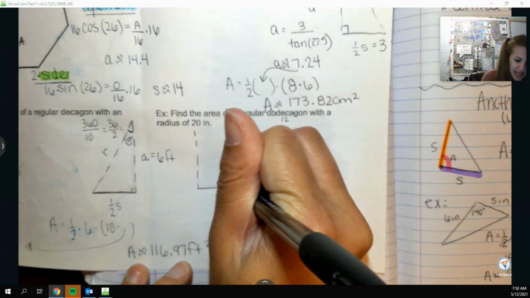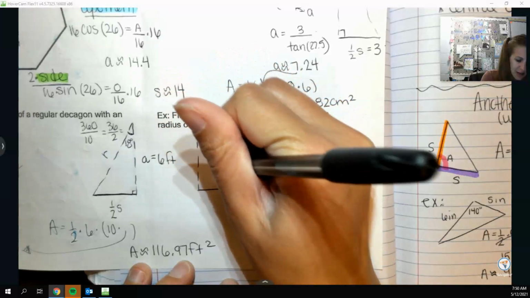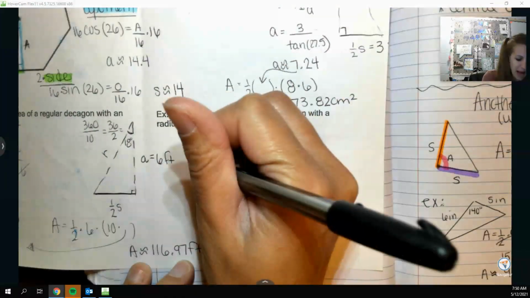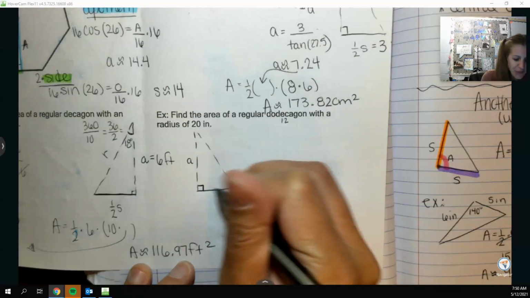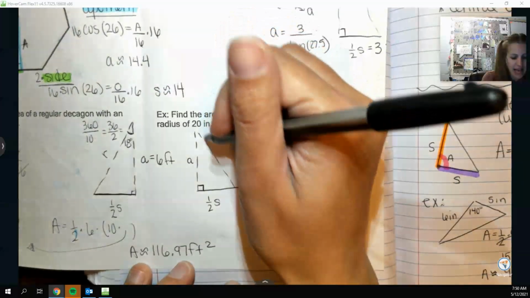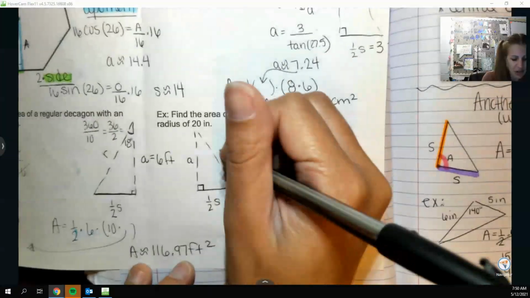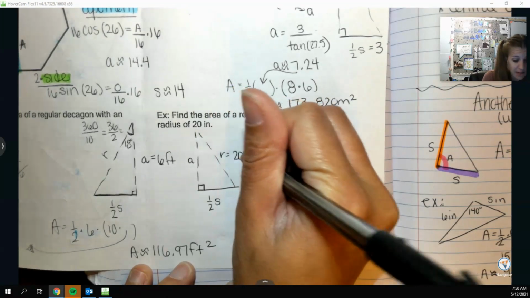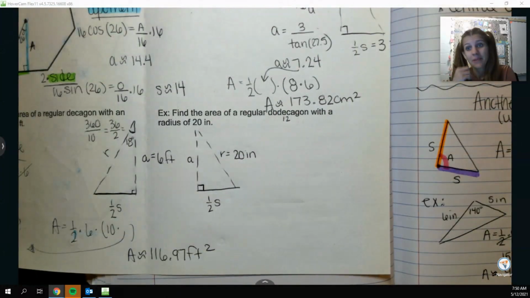I definitely cannot draw a dodecagon, but I don't need it. I really just need the baby right triangle, where straight up and down is my apothem. Flat on the bottom is half my side. And then the hypotenuse, or diagonal, is the radius, which in this case they did tell me was 20 inches.